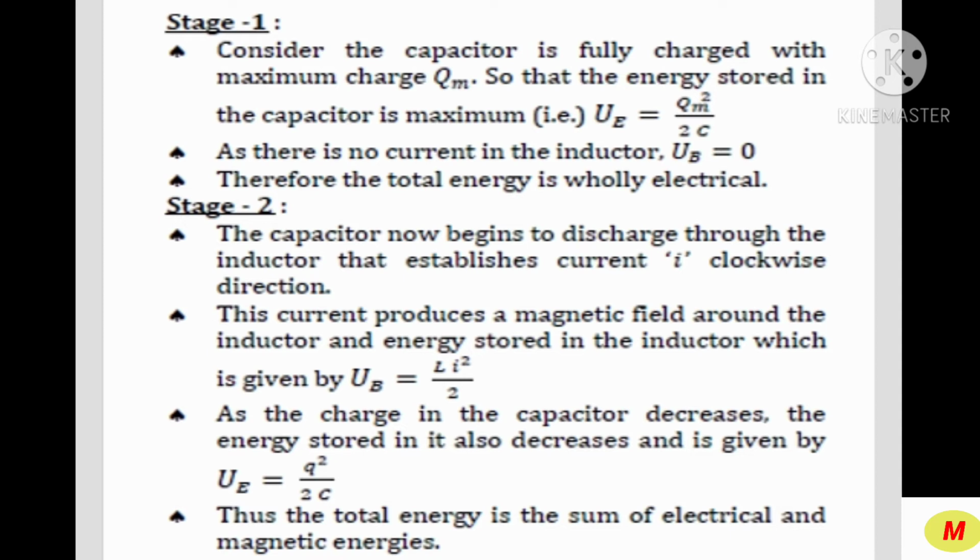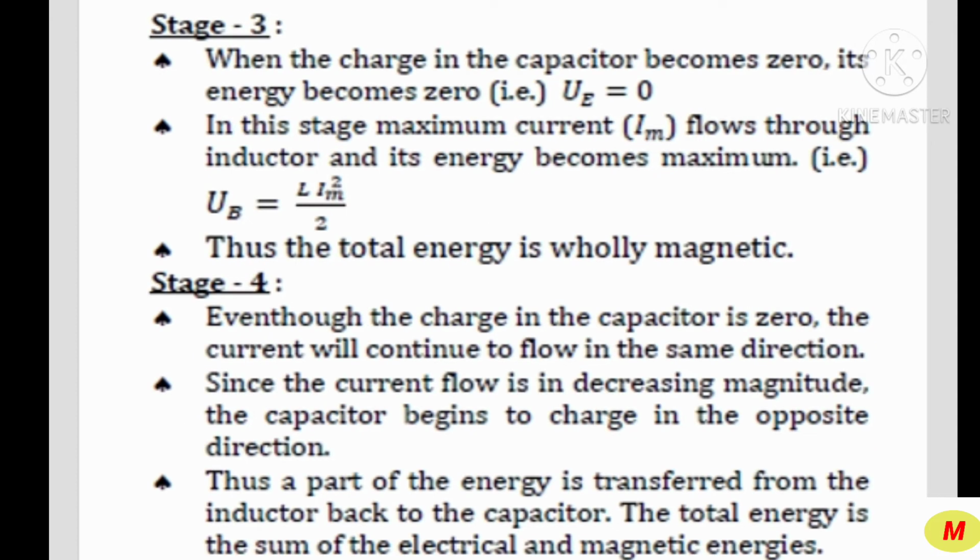As the charge in the capacitor decreases, the energy stored in it also decreases, and it is given by UE equal to Q squared by 2C. Thus, the total energy is the sum of electrical and magnetic energies. Next one, stage 3.